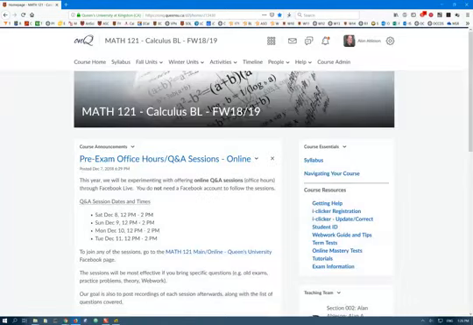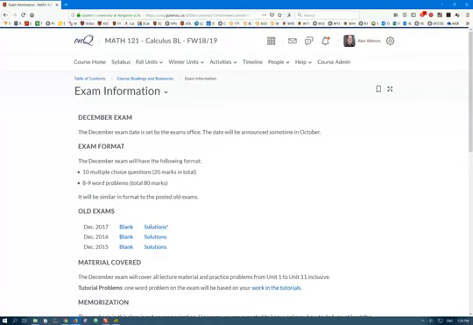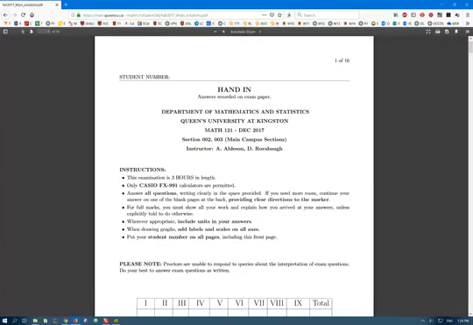So both the online and the on campus have basically the same layout. There's a link over here for exam information. And if you click on that, it will take you to a page with the blank exams and exams with solutions. Let's pop open the 2017s.